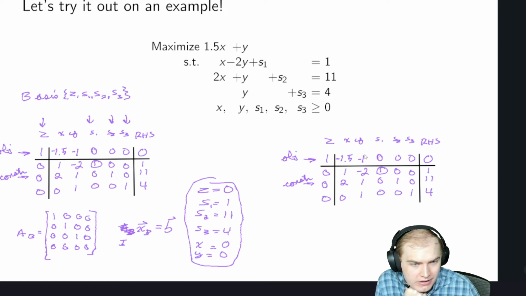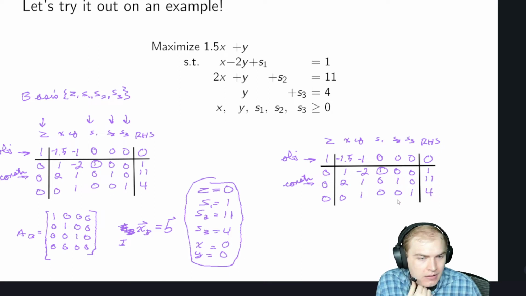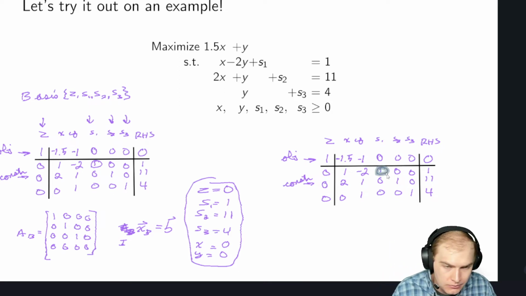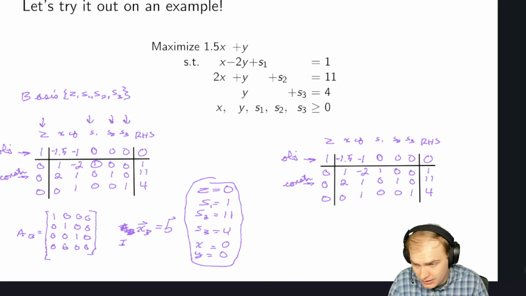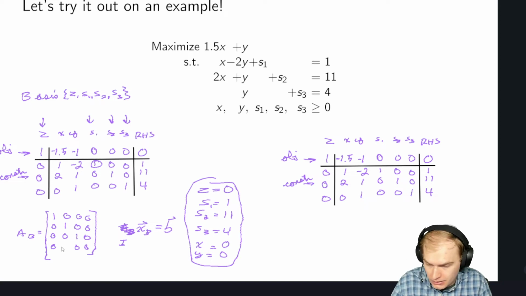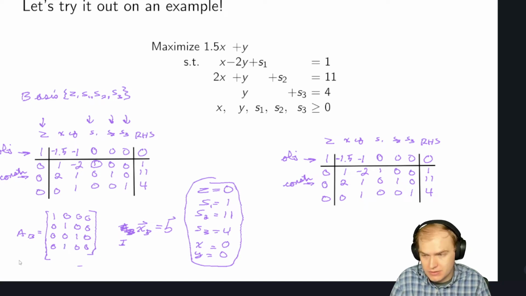So we can identify our basic variables specifically because they form an identity matrix. Their columns look like an identity matrix.